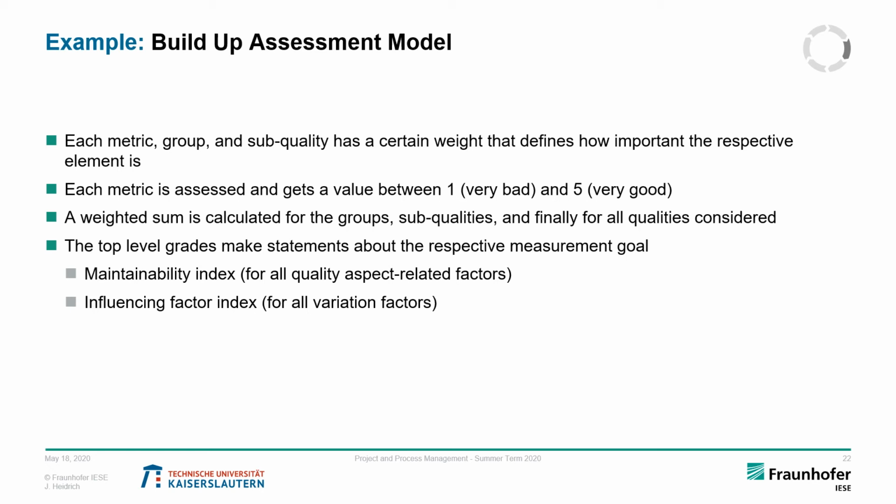And then based on that, we can calculate a weighted sum for the groups, sub-qualities, and finally for all qualities considered. And the top-level grades then make statements about the respective measurement goal. So we call that on the top level a maintainability index for all direct factors addressing this quality aspect, and an influencing factor index for all variation factors that we have in our second model.